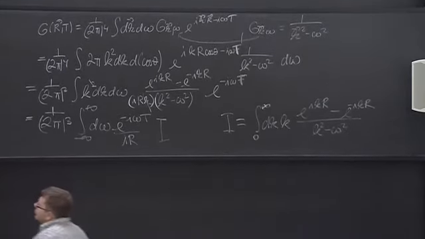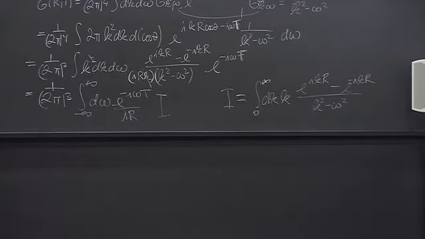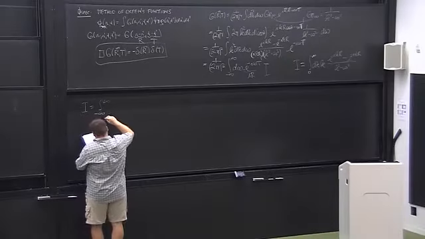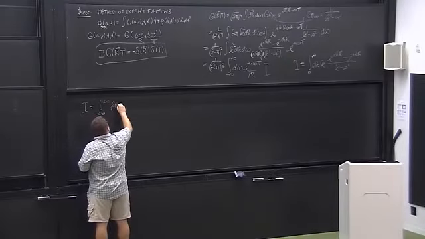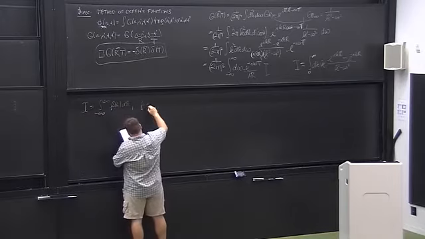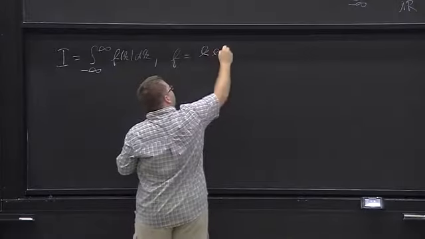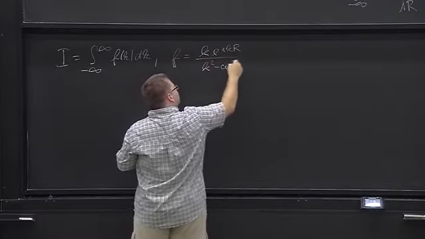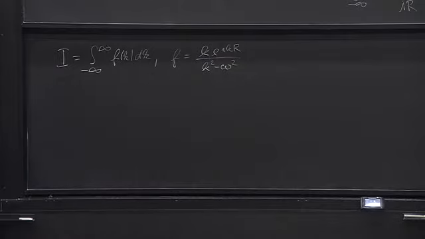So what we have to do is to calculate I, which is an integral from minus infinity to infinity of some function f(k) dk, where this function is k times e to the i k r over k squared minus omega squared. Everybody happy with this? So simply grouping the two terms together by extending this integration to minus infinity.